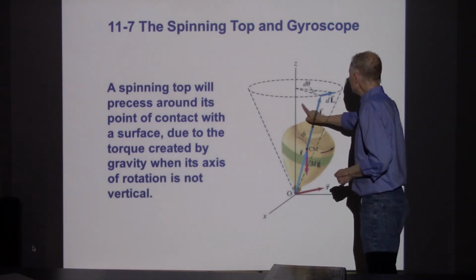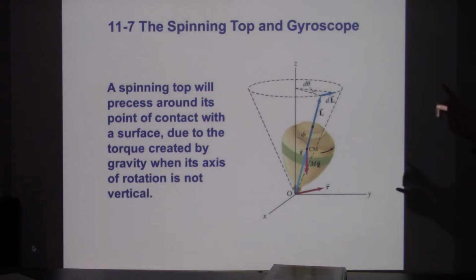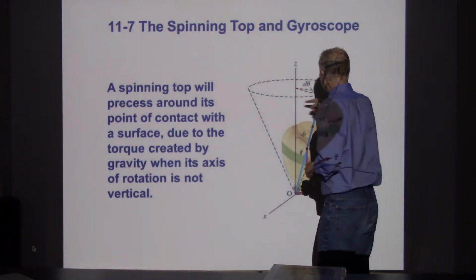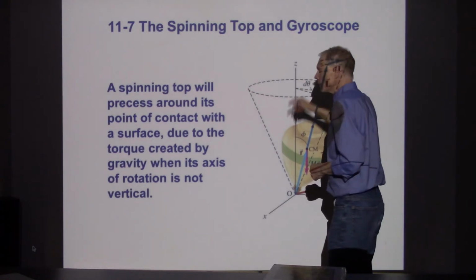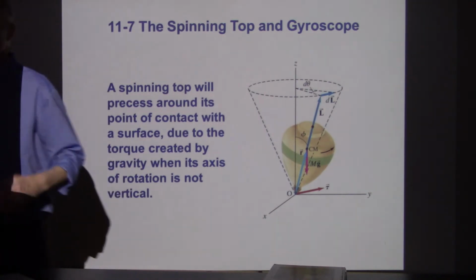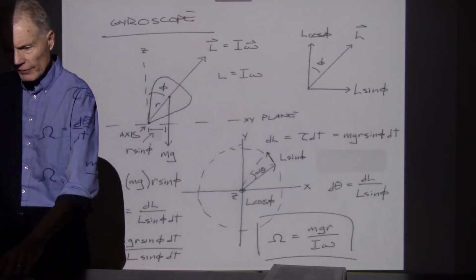It's got angular momentum and its angular velocity tipped to the side, and then it goes into precession. So it ends up precessing, and you guys have seen tops that are spinning. They don't tip over. Instead of tipping over, they precess. So kind of an interesting effect with this.